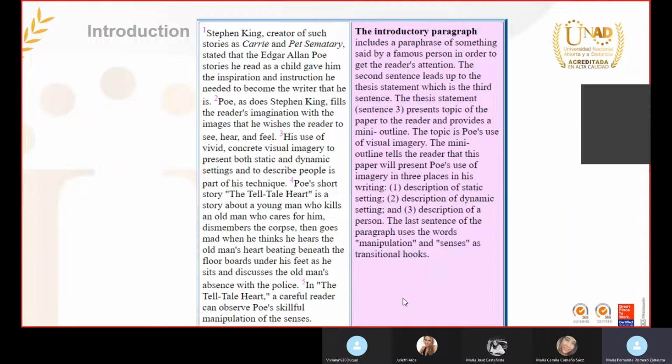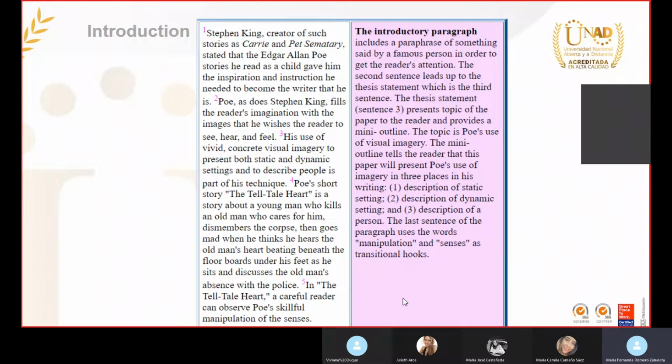Yes, you were asking in the chat, Camila, if something like a famous sentence. Look, the example here is you can use something that many people know or many people have heard, right? For example, in this introduction, the author of the essay is using a phrase from Stephen King. Stephen King is an author that many people know.